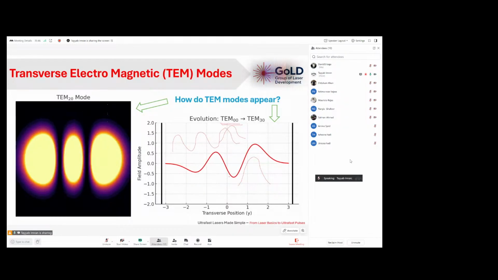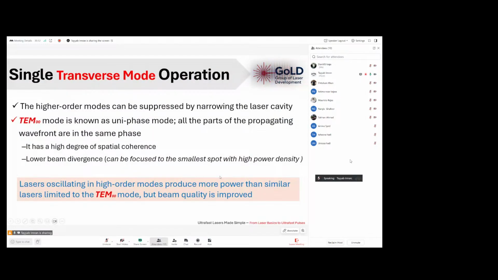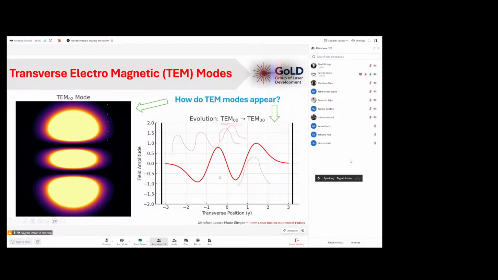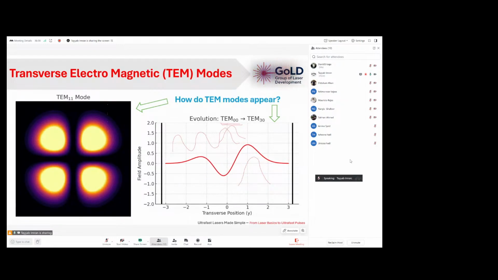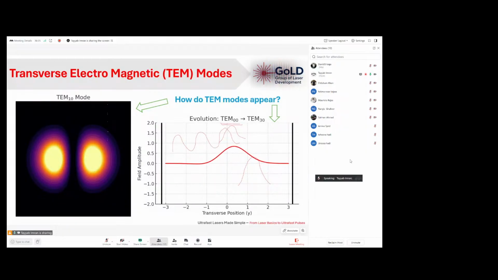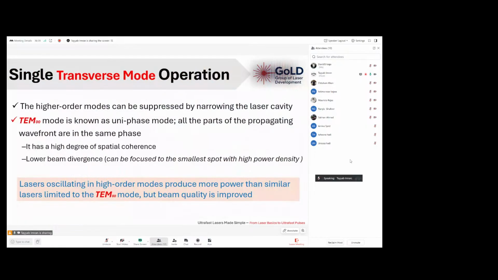So that is why these modes are existing, okay? Both longitudinal and transverse modes are existing. We cannot eliminate them 100%, but we try to minimize the presence of these modes, in other words, to control these modes.